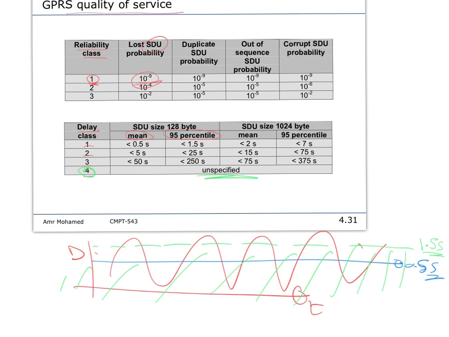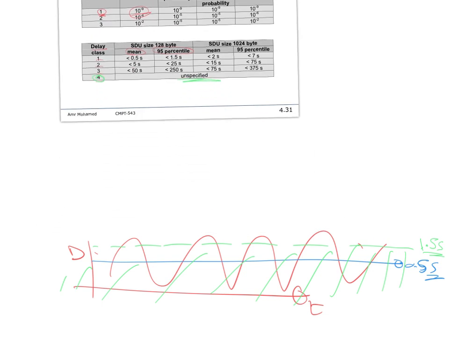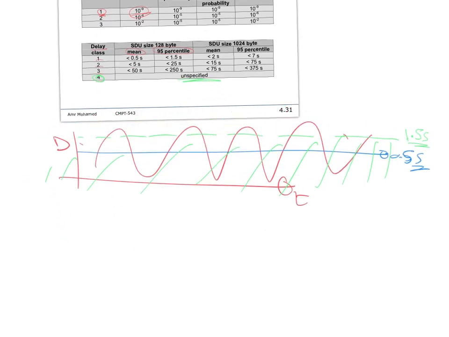So in wireless, they usually use error correcting codes. Error correcting codes are similar to error detection, but a little bit more complicated. So this is the service data unit.